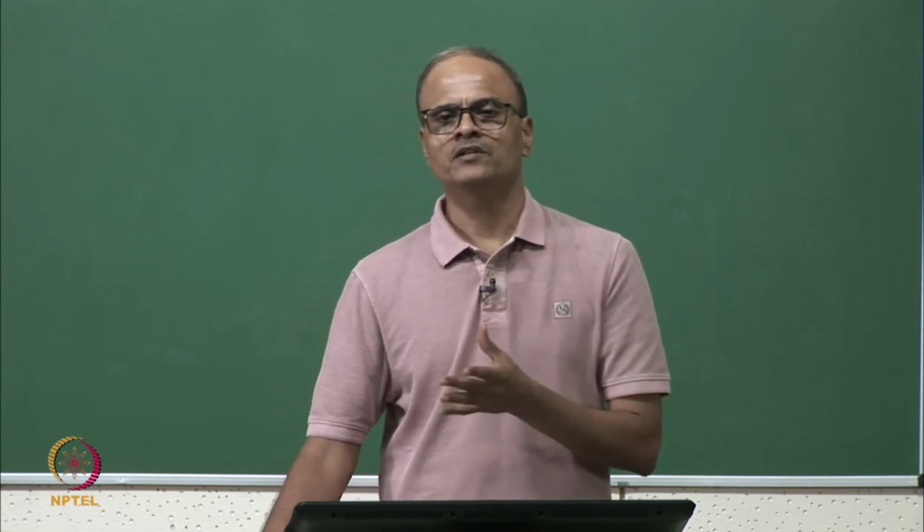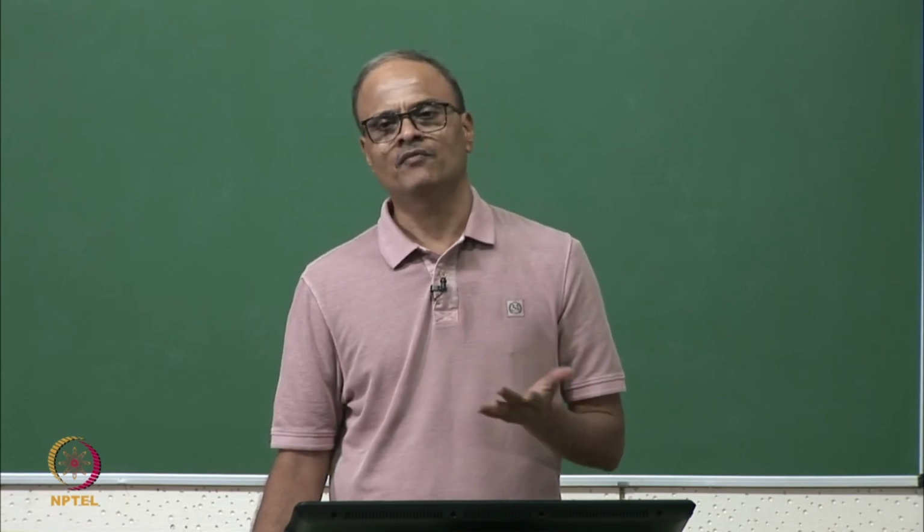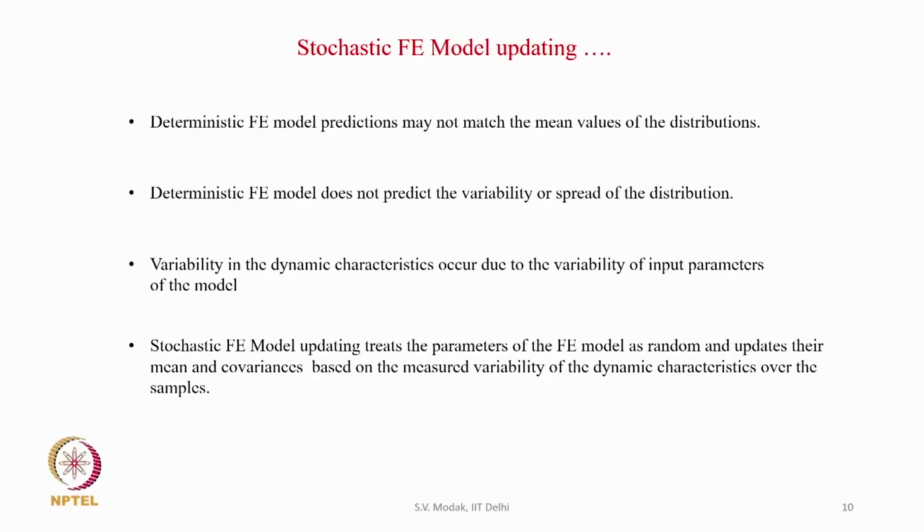So, we measure the variability of the dynamic characteristics, and then by an inverse procedure try to infer the variability of the input parameters of the model. And this process of inverse identification of the mean and variability of the input parameters of the FE model is referred to as stochastic FE model updating.